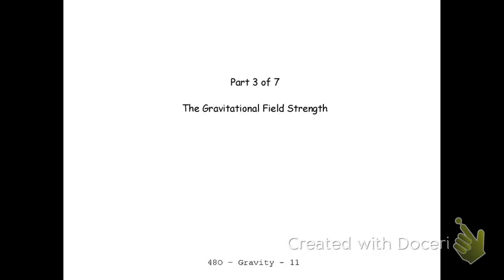If you were to describe to me a field, and I'd never seen one, how would you describe a field? Not a science field, but literally a field. It's an area of something.